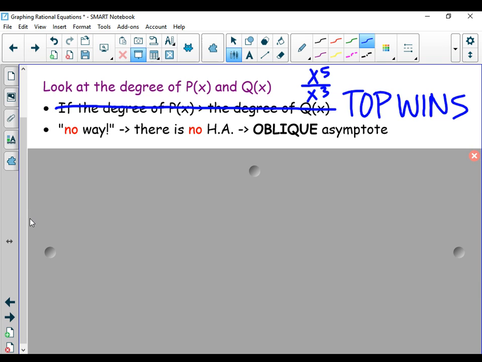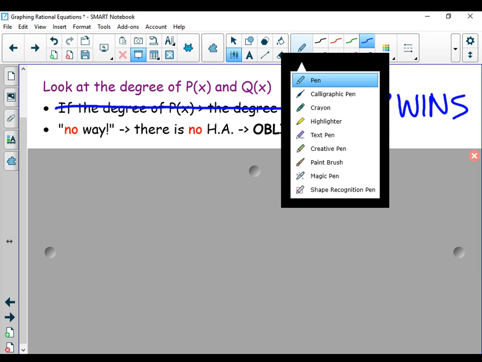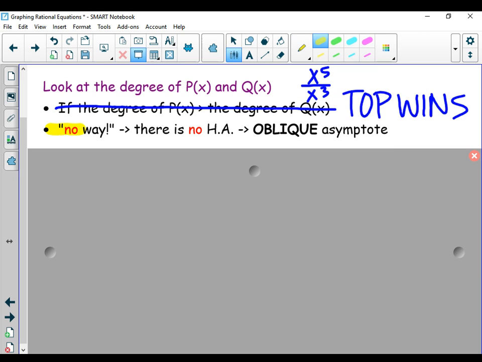So if the numerator has the highest degree, aka top wins, then I say, no way, top can't win, because you're going to have no horizontal asymptote. And when we get to examples, it'll make a little bit more sense. This is where that oblique asymptote comes into play.